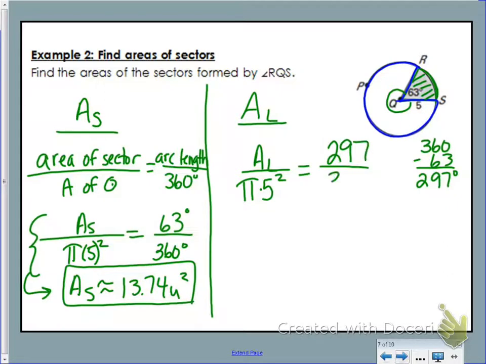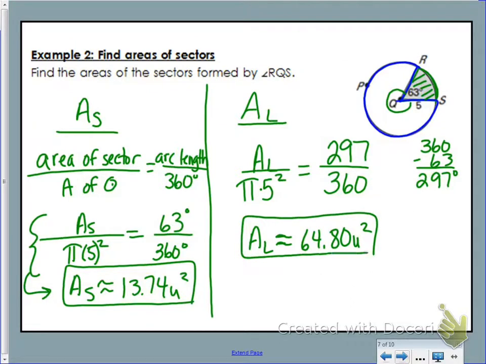So 297 over 360. Again, go ahead and pause your video and make sure that you can get the correct area of the sector here. You should work that out to be the area of the larger sector to be about 64.80 units squared.